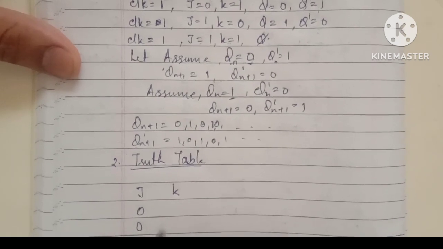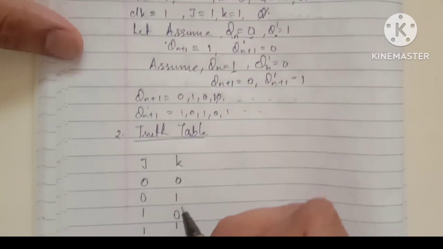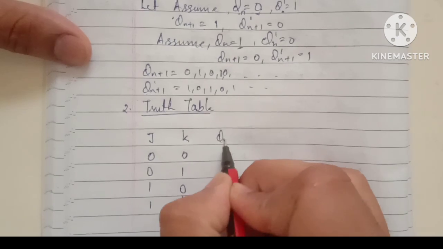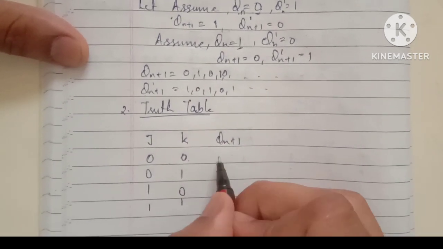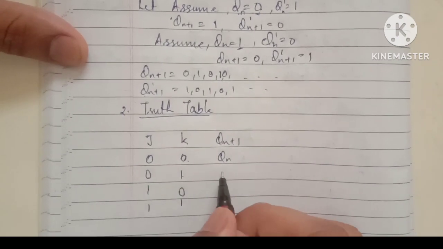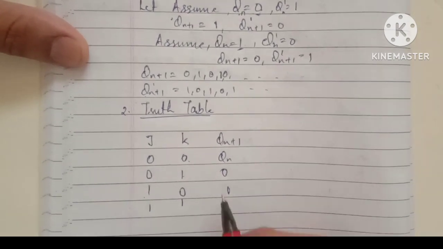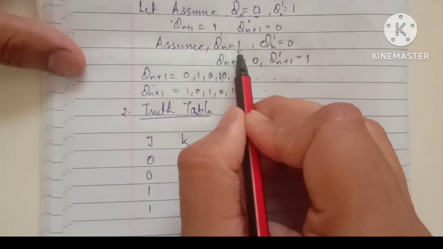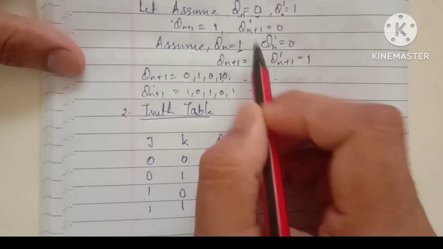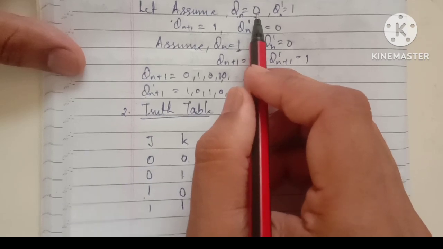0 0, 0 1, 1 0, 1 1. Now Q n plus 1 is 1. Now this is 0 0. I already told you that Q n will be 0 1 0 1 0 1. But in this state you are getting the complement. Here you are getting 1 and its complement is 0. Assuming 0, you are getting 1.